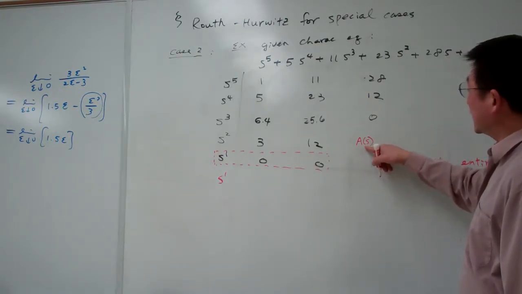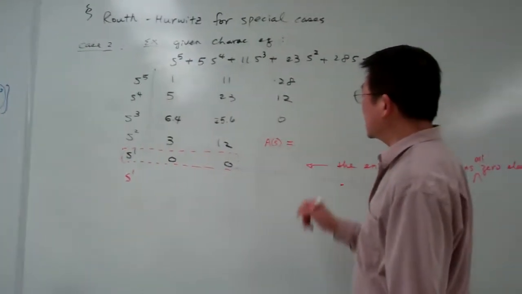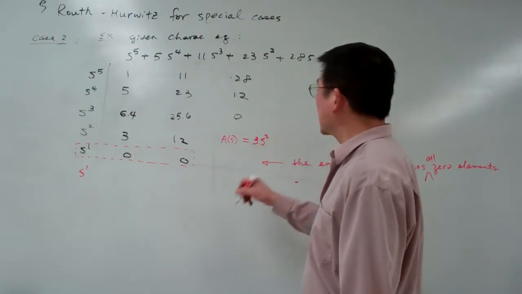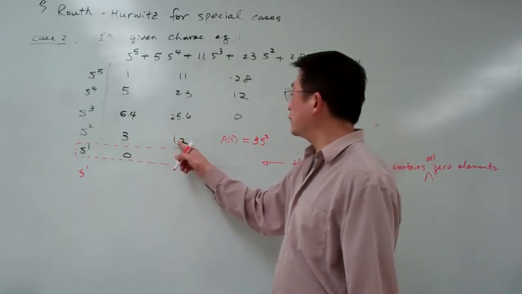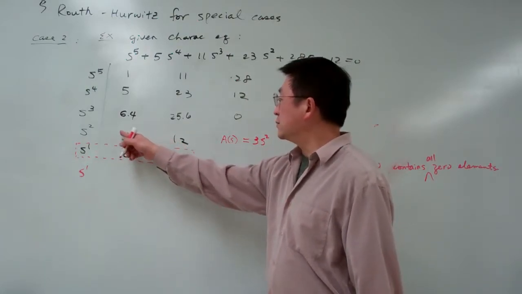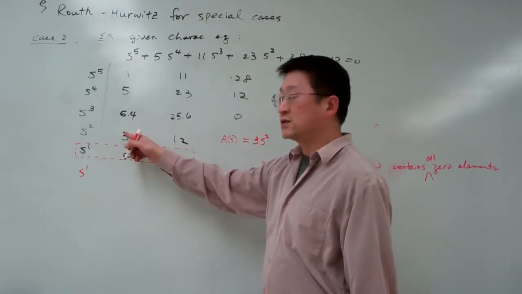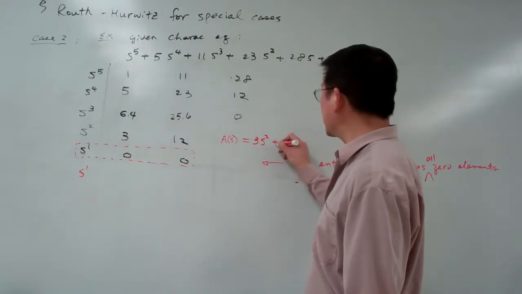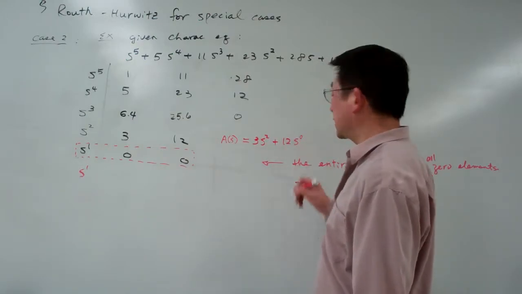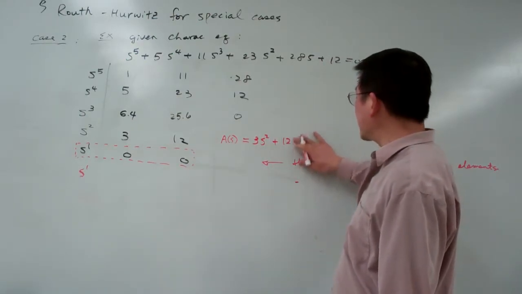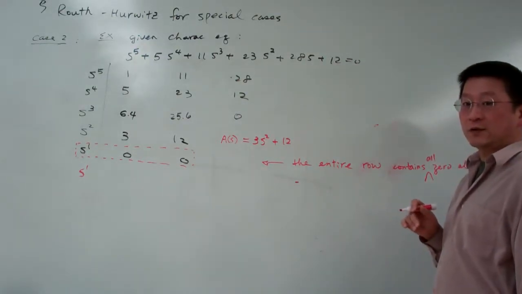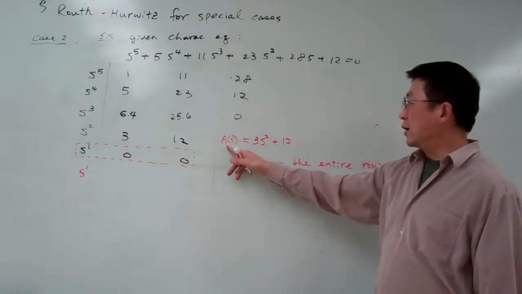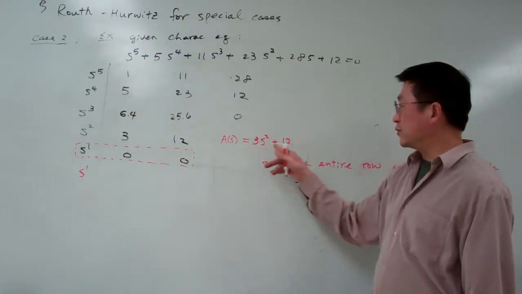A(s) is formed from the coefficients: 3s^2 + 12. This is s^2, s^1, and this corresponds to s^0, so that's 12 times the s^0 term. Basically this is a constant term, so we only write it like this. So from the row above, we obtain the auxiliary polynomial.